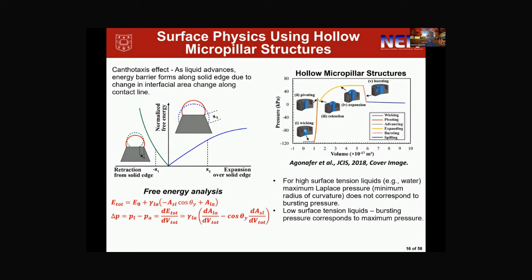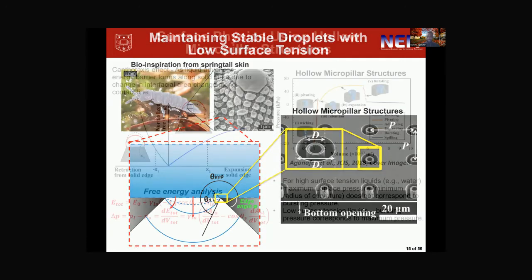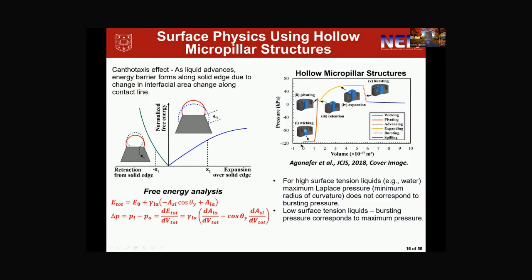And so what we actually did was perform a free energy analysis of how the liquid advances in these hollow micropillar structures. First, we see that the liquid initially wicks inside the hole, and then transitions from a concave to a convex meniscus.